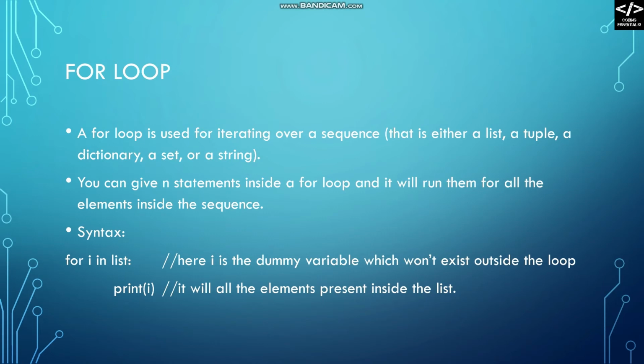Remember, the syntax of for loop is for space I space in space iterable or sequence. Here I is the dummy variable which won't exist outside the loop, and don't forget to give an indentation after the for statement. So indentation, print I, it will print all the elements present inside the list.